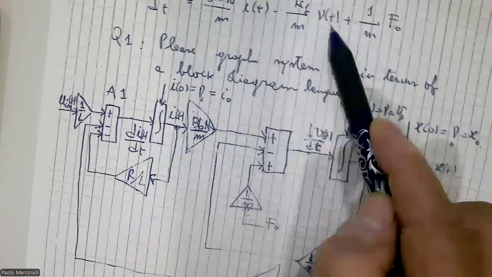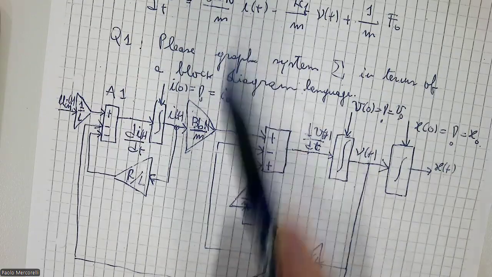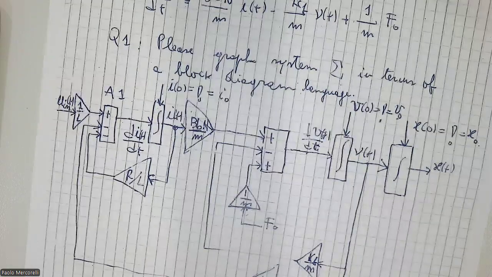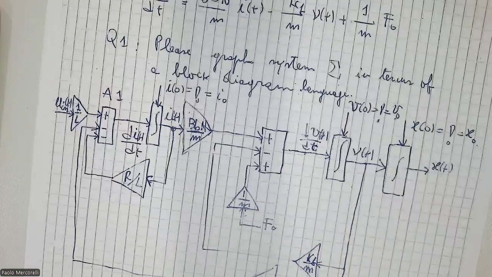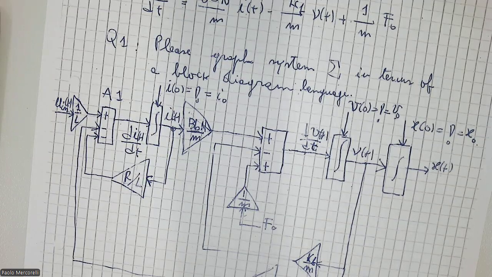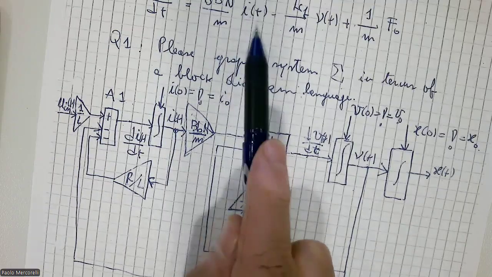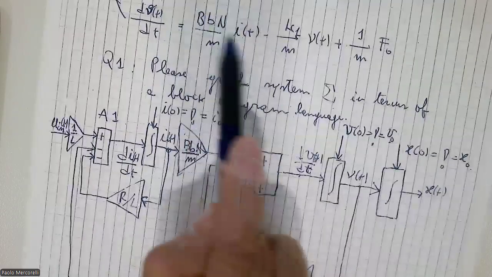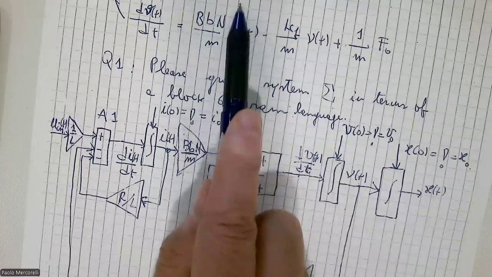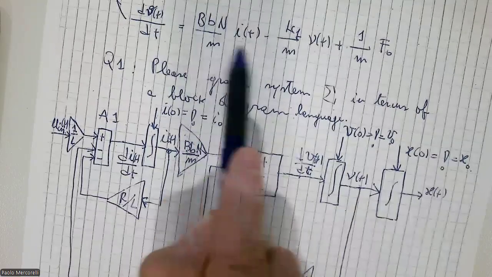Then we have this component here, which is the motoric force, or let me say, could also be the brake force. It depends on the sign of the current. But in any case, the numerator which we have here is exactly, do you remember, the force which we have seen as motoric force, but also as brake force.